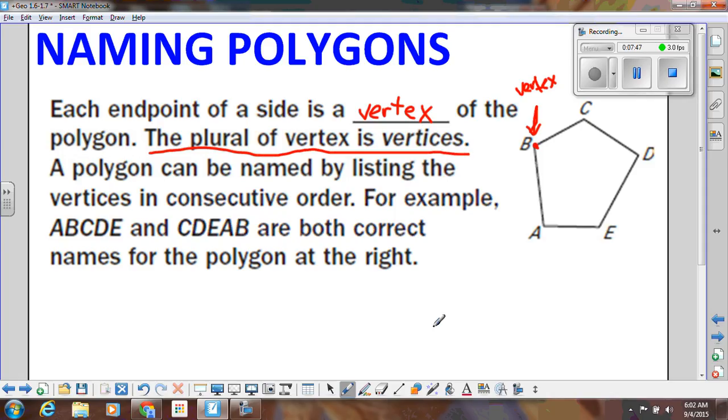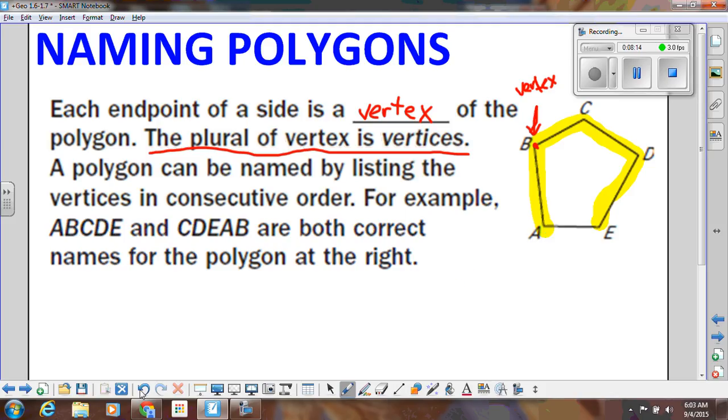Okay. When we name a polygon, we have to name it according to the vertices. So you want to start with one of your vertices, and it doesn't matter which one. So if I start with A, then I need to go in order around the shape. So I need to say A, B, C, D, E. Okay, so I need to go around the polygon.